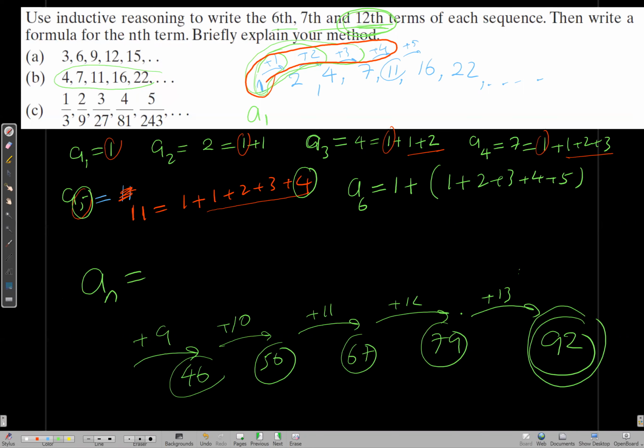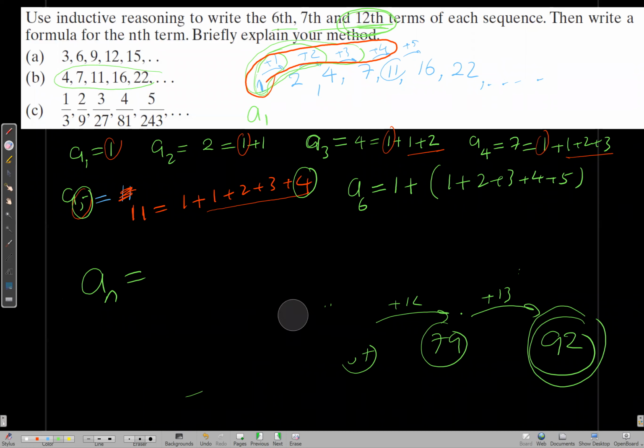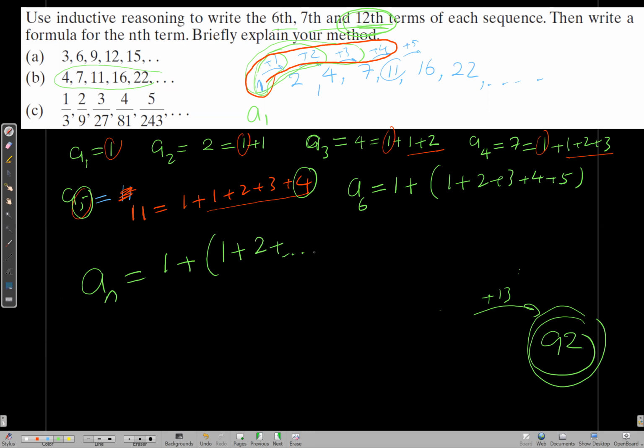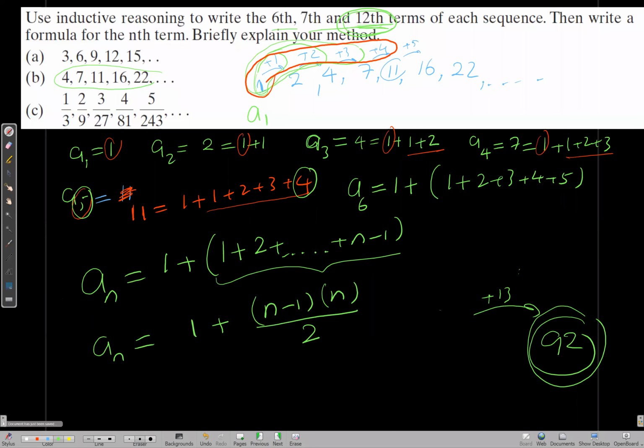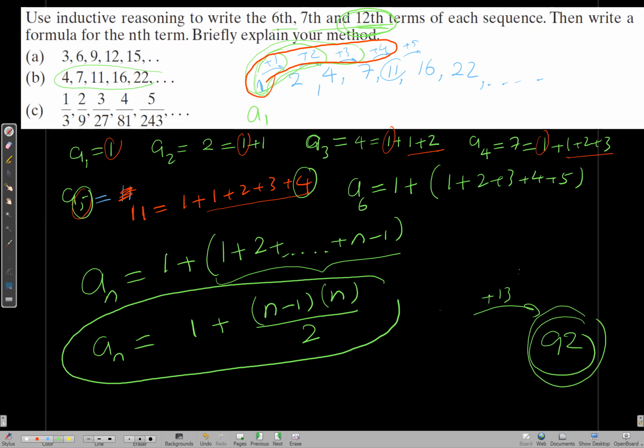The nth term AN is going to be 1 plus 1 plus 2 plus up to n minus 1. Now this sum we know: if we add up to n, that's n times n plus 1 divided by 2. But since we are adding up to n minus 1, it is n minus 1 times n, divided by 2, plus 1. So that is AN. Now plugging in n in this sequence will give you whatever term you want.